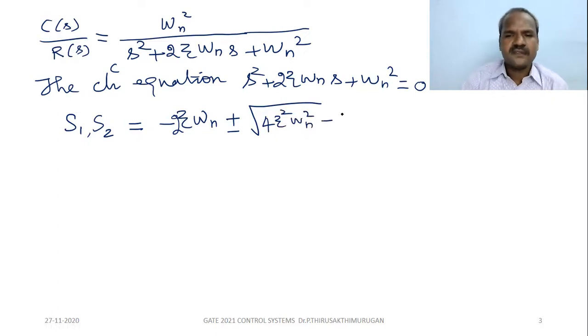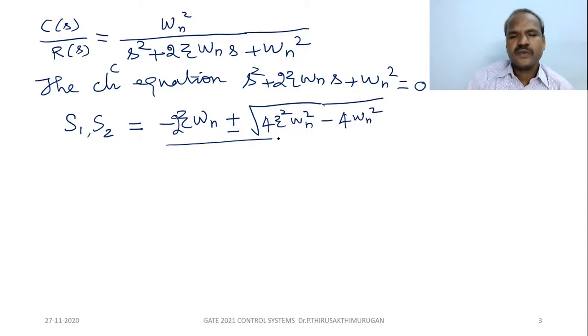A is 1, c is omega n square, and 2a is 2 into 1, 2.